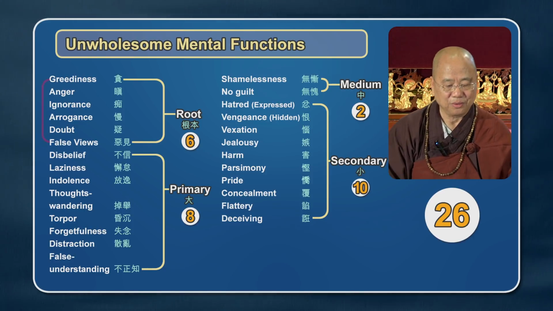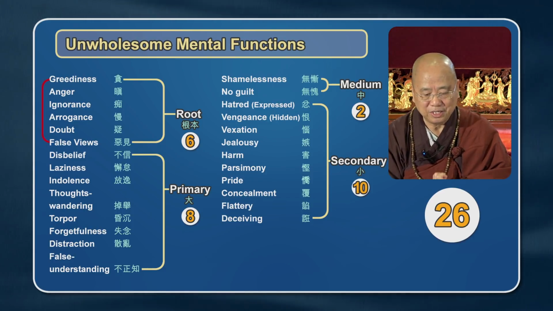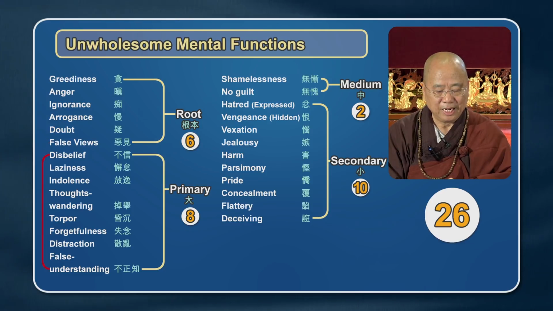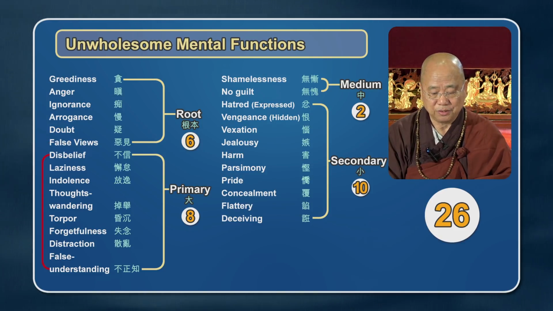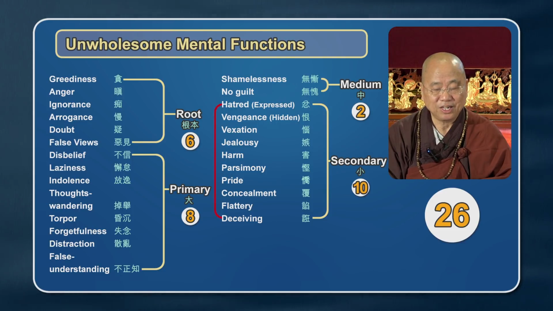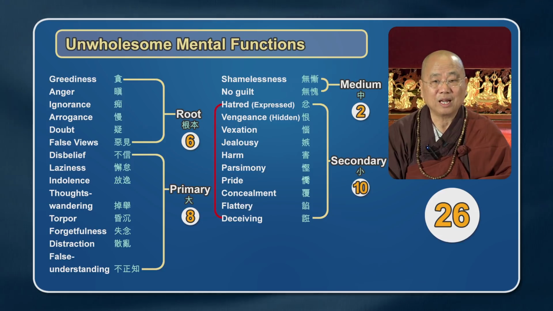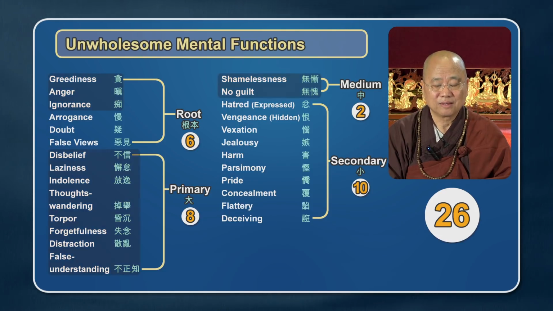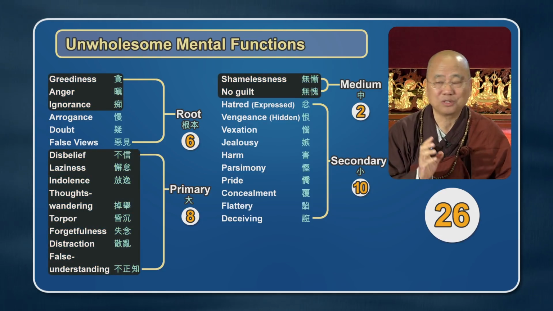If you add them together, 6 root, the basic mental functions, 8 primary mental functions, 2 medium mental functions, and 10 secondary mental functions. The ones that I highlighted, if you count them, they are 13.